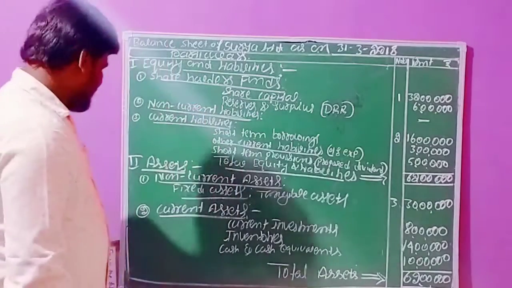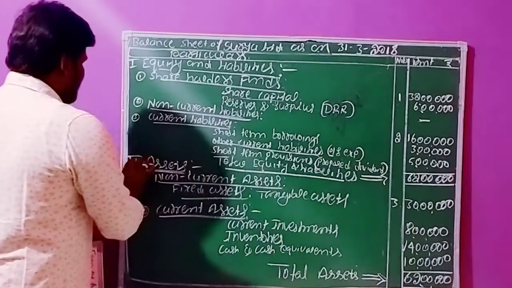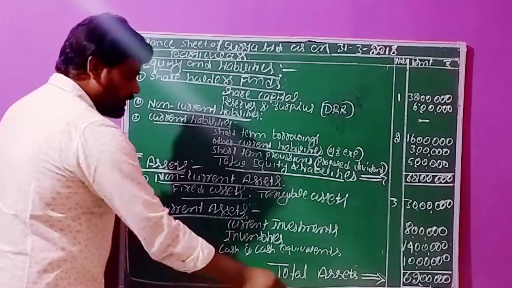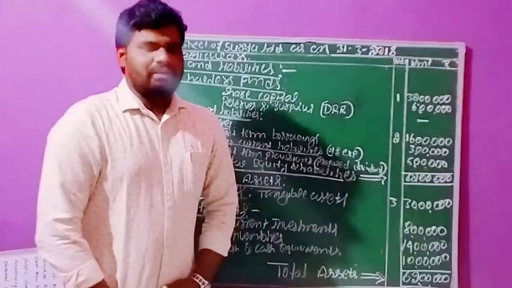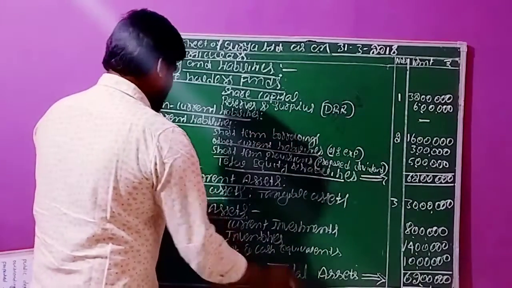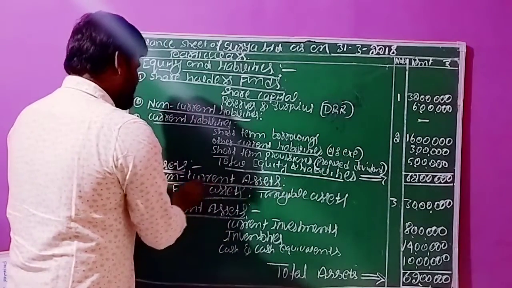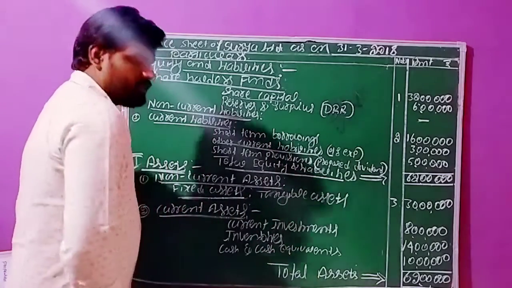Next, now we need to apply the second headline, assets. First of all, we have two types of assets, non-current assets and current assets. First we need to apply non-current assets. Under the non-current assets we can record fixed assets, right?